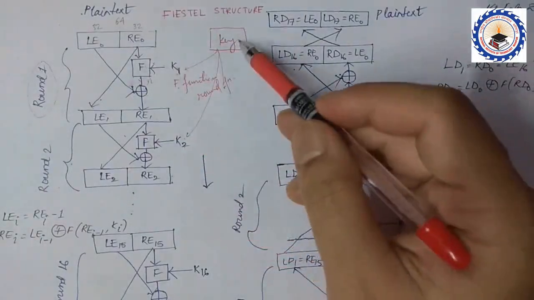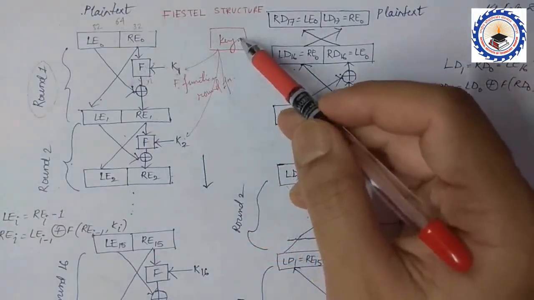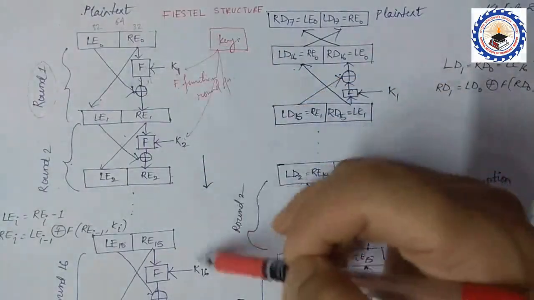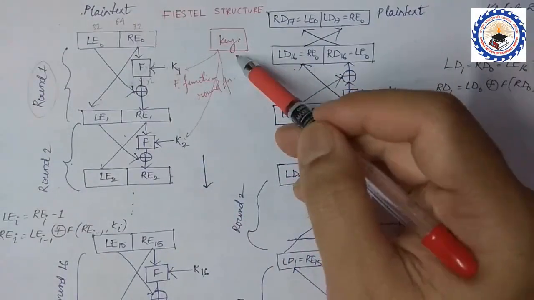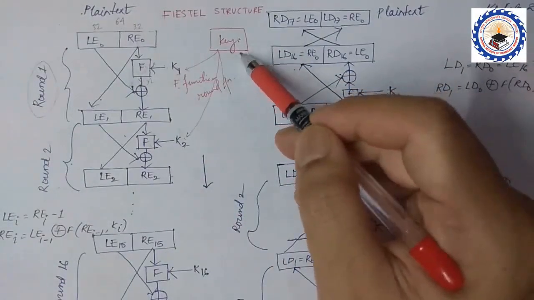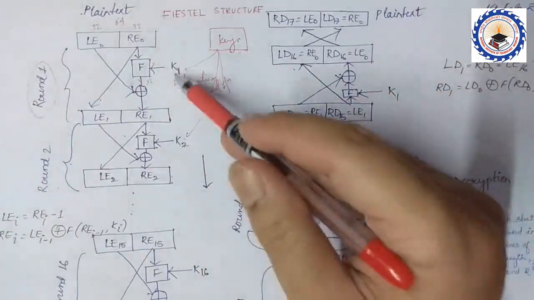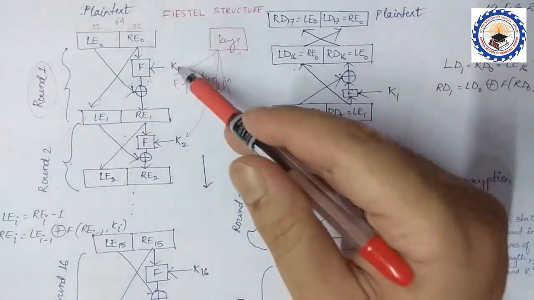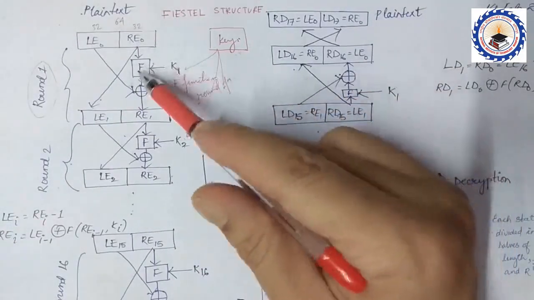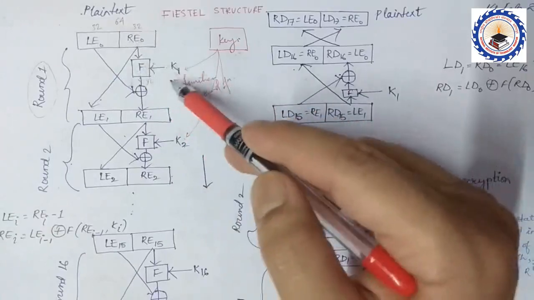We'll discuss this method in the DES algorithm, how the subkeys are generated from the main key. A main key will be given, and from it these subkeys will be generated. We have to check their size so that the operations can be performed.